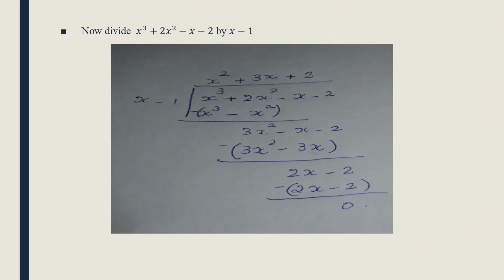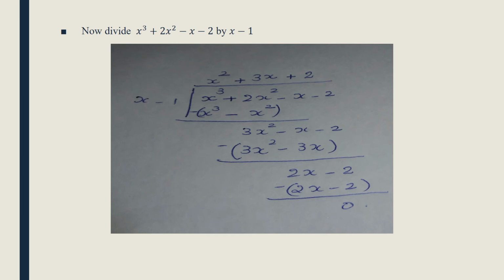Since x minus 1 is a factor of x cube plus 2x square minus x minus 2, let us divide x cube plus 2x square minus x minus 2 by x minus 1. Taking the first term of the dividend, that is x cube, and dividing by the first term of the divisor, that is x, we have x square as the quotient.